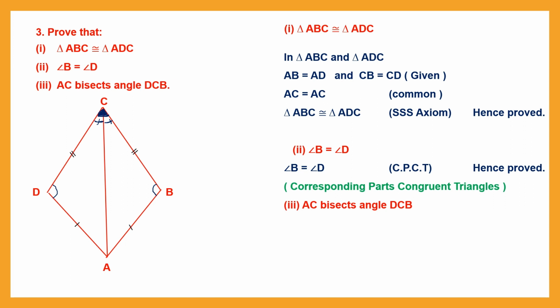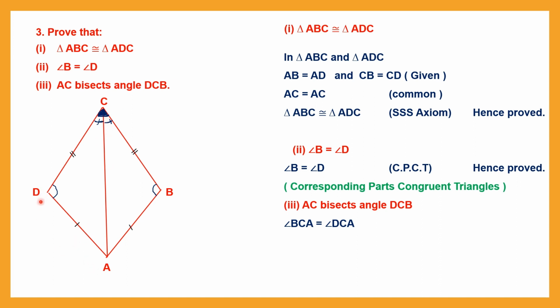So this line AC has bisected this angle C. Okay, that is DCB. It has bisected into two parts. So we can say that angle BCA is equal to angle DCA. That means this portion, angle BCA. We are only talking about the angle, not the triangle.